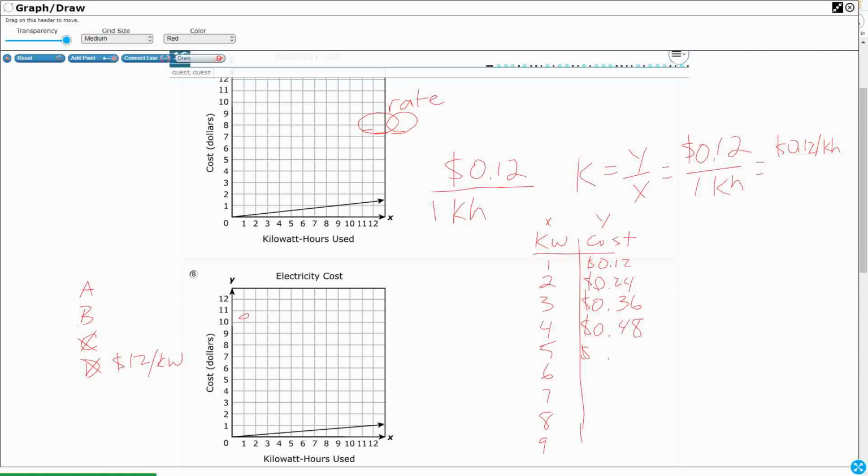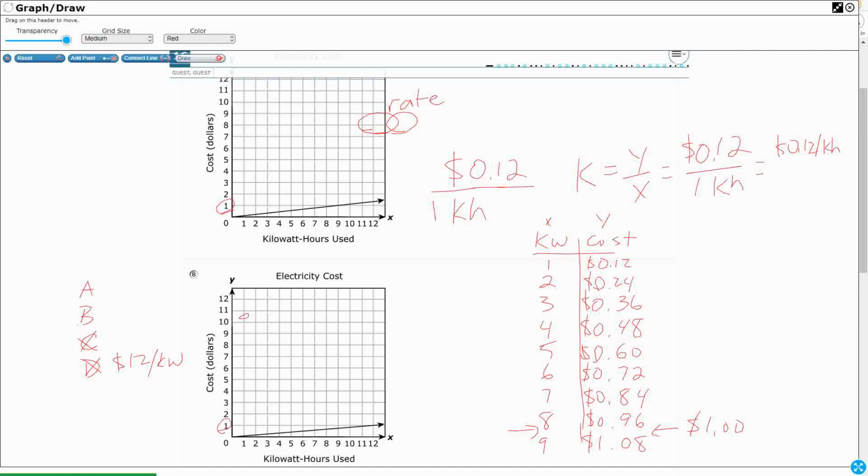Since we don't really have the cents on the y-axis, it's just by dollars, I want to see which one gets closest to $1, because that might be my deciding factor. 72, 84, 8 is going to get us 96, and then 9 is going to get us above that, $1.08. So right between 8 and 9 is where it gets to be about $1.